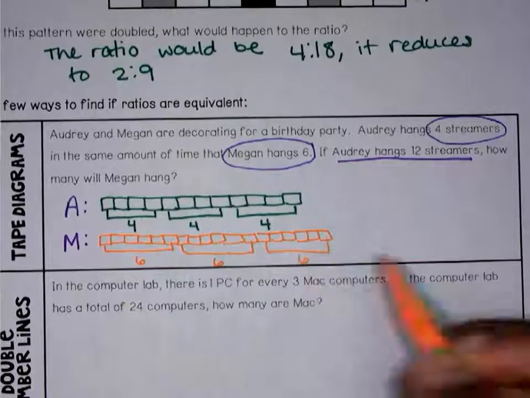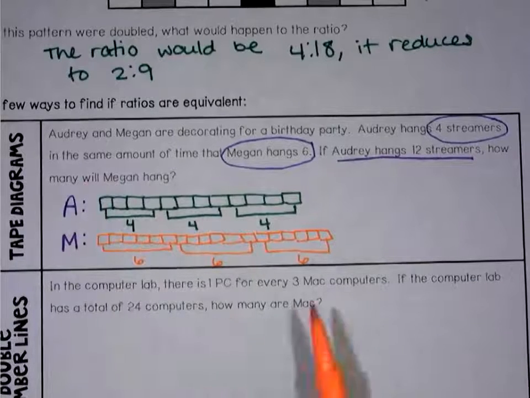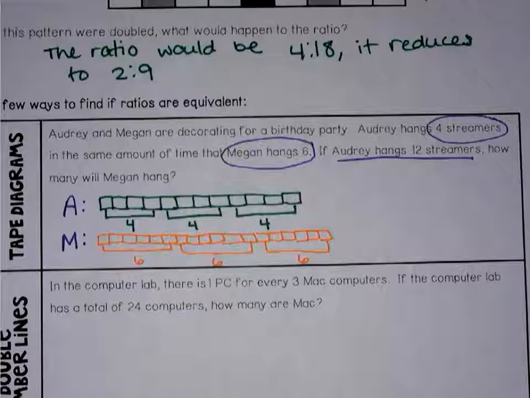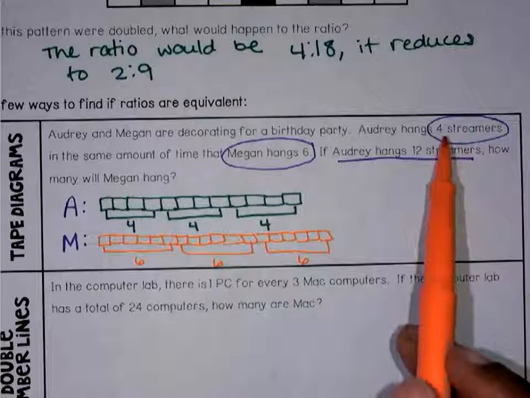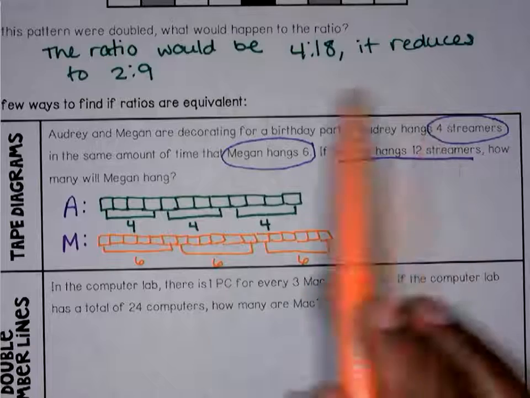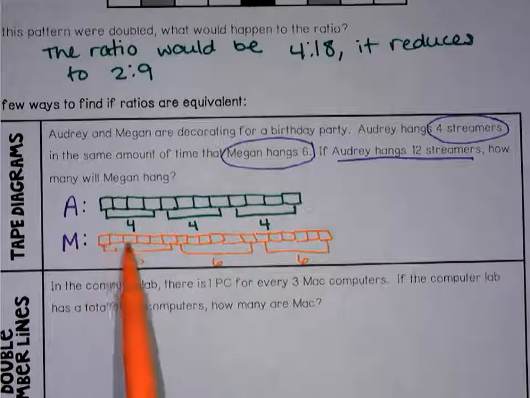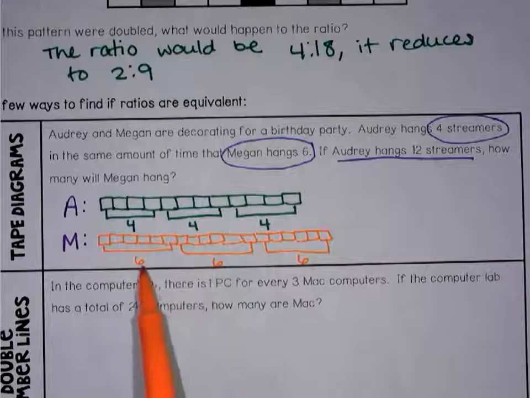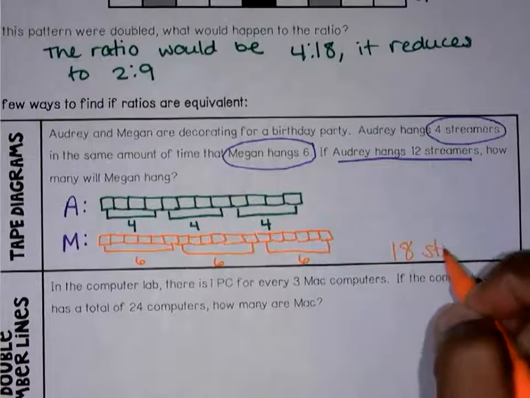Another 6. So the question is, how many will Megan hang? Well, how this relates to a ratio, every 4 streamers that Audrey had, it was 6 to hers, right? So now I need to count how many Megan ended up doing. That's 6 times 3. She had 18 streamers.